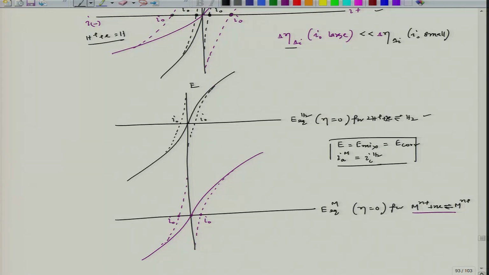And in the case of the Evans diagram, how did we do it? We have log I and E, we have reached this point, and this point becomes I corr equal to I A metal equal to I C hydrogen. So, that was the plot we had.